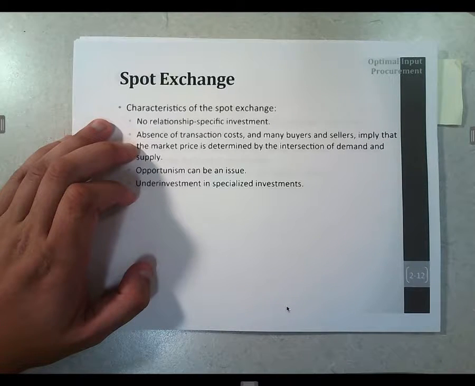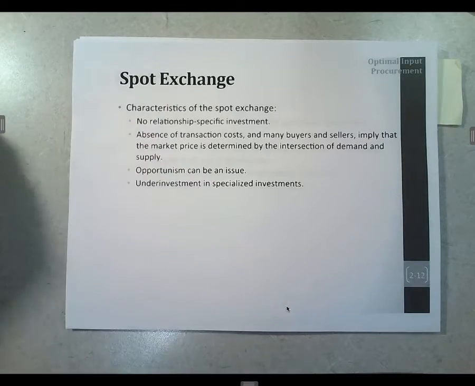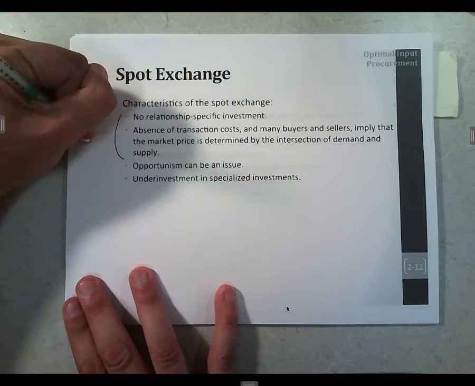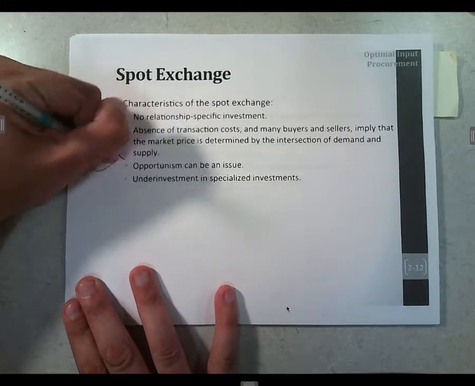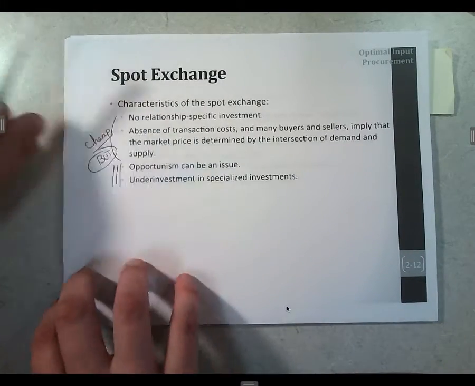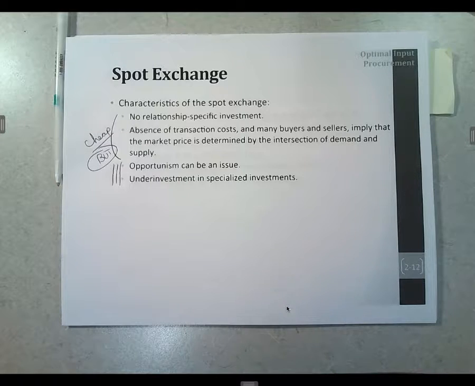Now, the problem with the spot exchange market, though, is that yes, it's cheap, but you're not investing a lot of time to get to know a lot about this market. So you're underinvesting, right? Maybe you actually need a dedicated graphic artist, or you need to know that you can always call in a graphic artist because you have a contract to deal with them for a certain period of time.